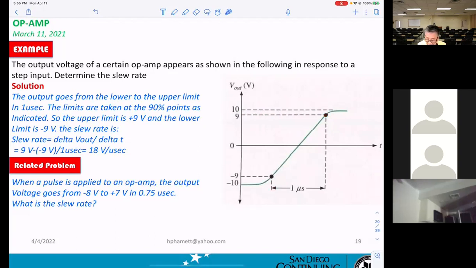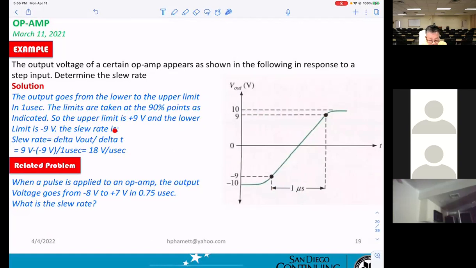They gave you 1 microsecond. So the output goes from the lower to the upper limit in 1 microsecond. The limits are taken at the 90% point as indicated, so the upper limit is plus 9 volts and the lower limit is minus 9 volts.